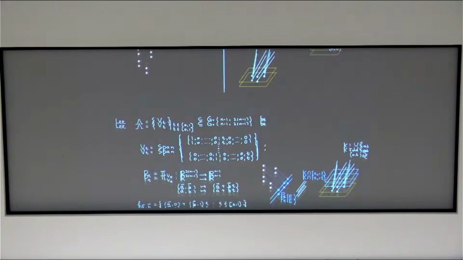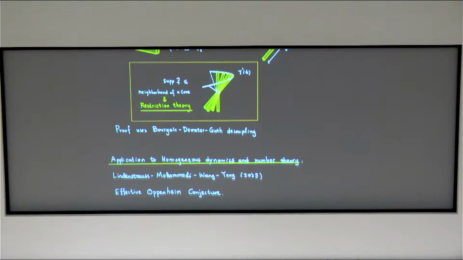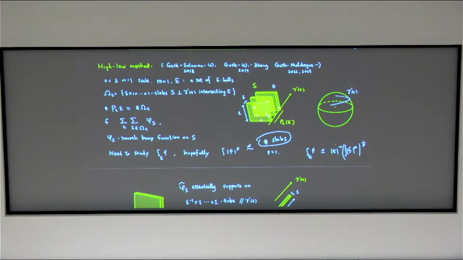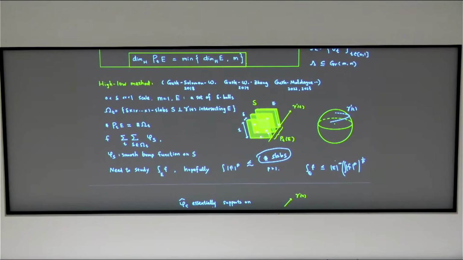That's a good question. I think this Heisenberg method was inspired by the local smoothing result.